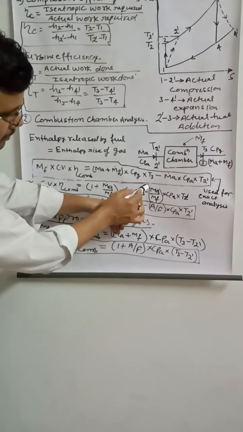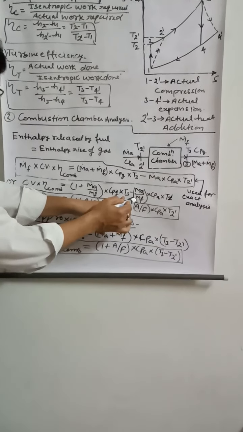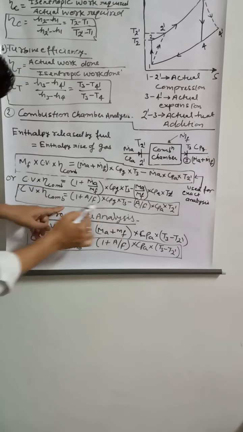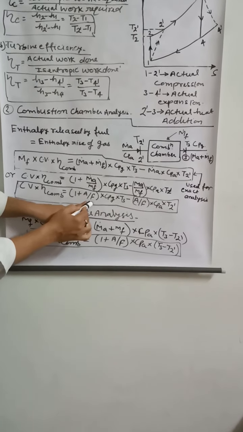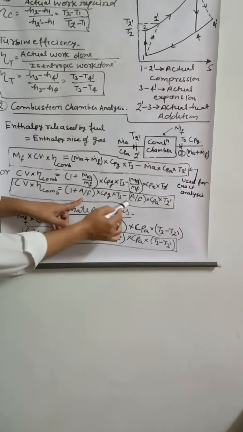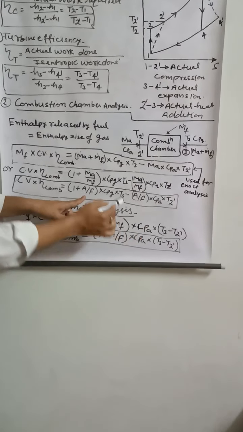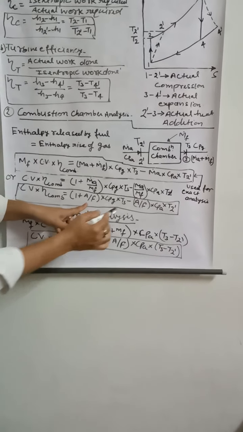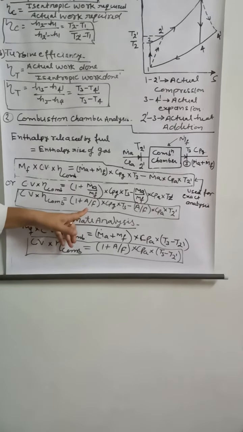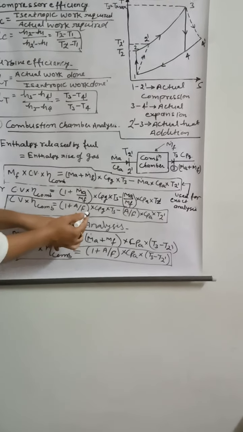And what is this? Mass of air upon mass of fuel. This is the air fuel ratio. So it is written here as 1 plus air fuel ratio into Cpg T3 minus air fuel ratio into Cpa T2 dash. Actually this is important, if in numericals sometimes the air fuel ratio is given directly. So we can find it out here.